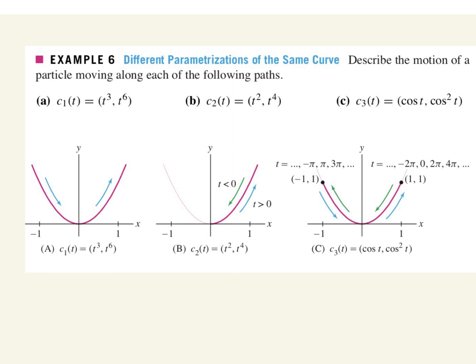But the difference is the first one, t cubed comma t to the 6th, fits the same pattern as a regular y equals x squared, in the sense that the input is odd for the first power technically, and then the output is squared, even.